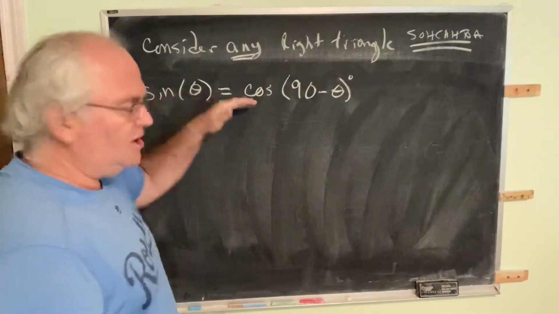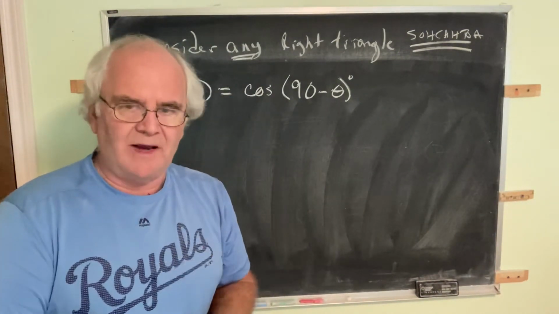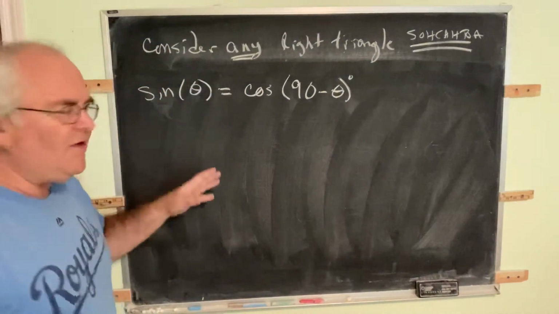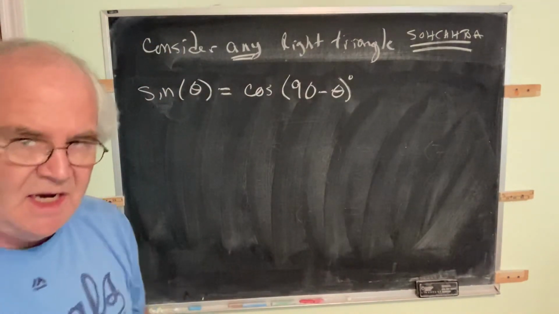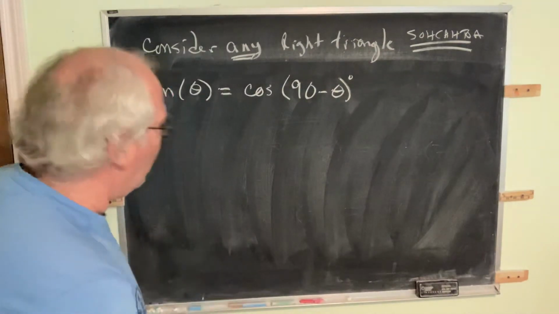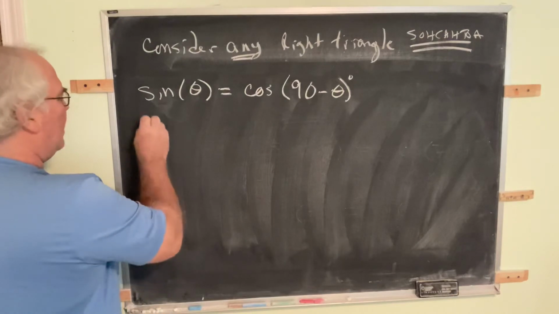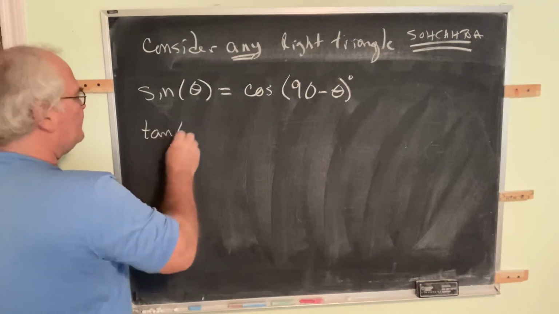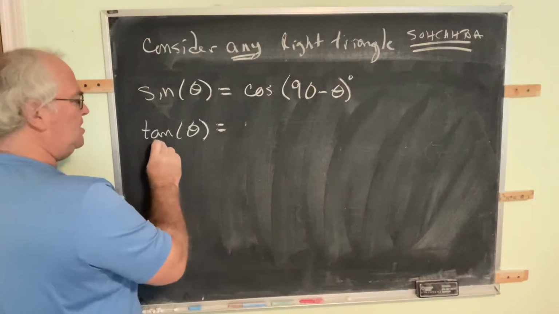Now, it's easy to check with sine and cosine because you have a sine and cosine button on your calculator. The others are also true. It's less easy to verify with the machine, but they are in fact the same. By the same principle, we also have tangent of theta is equal to, what's the cofunction of tangent?